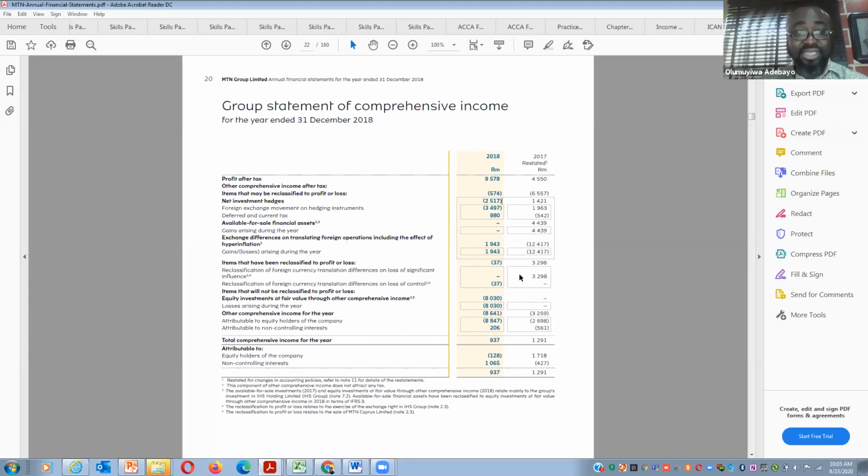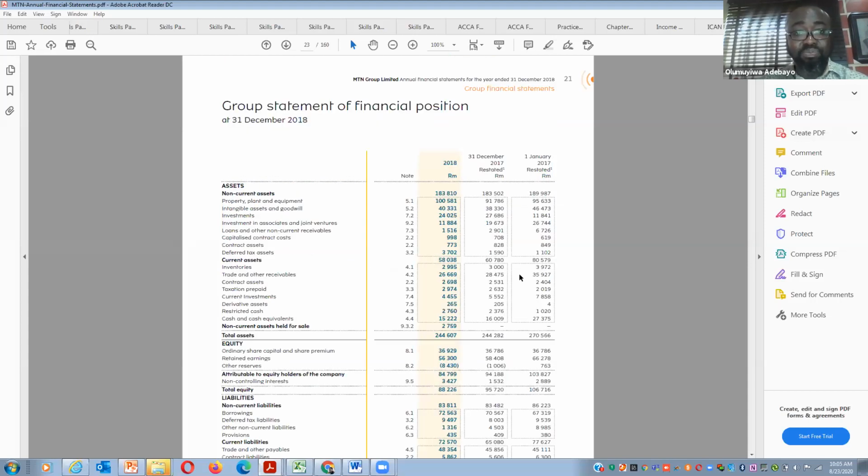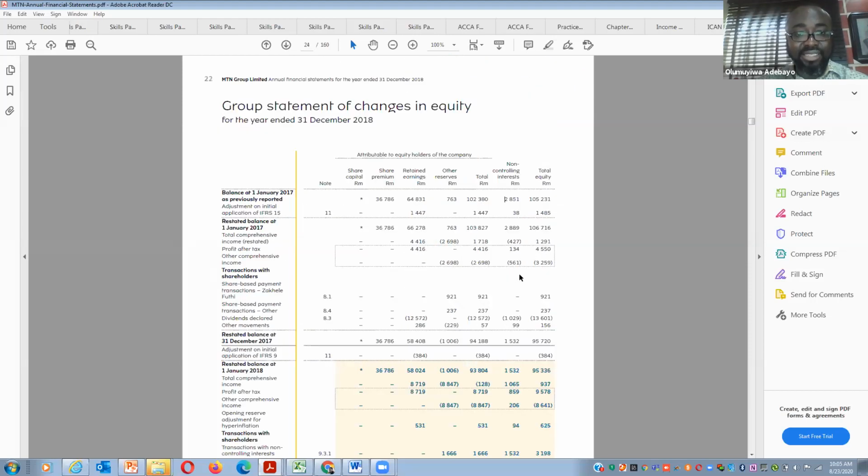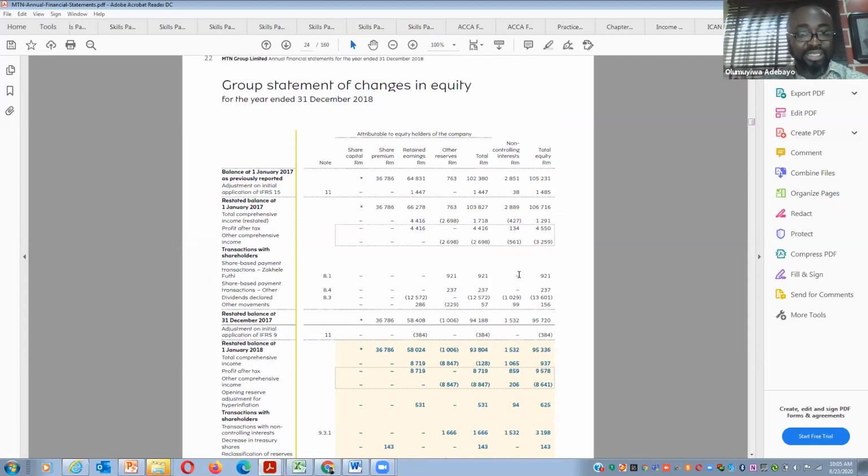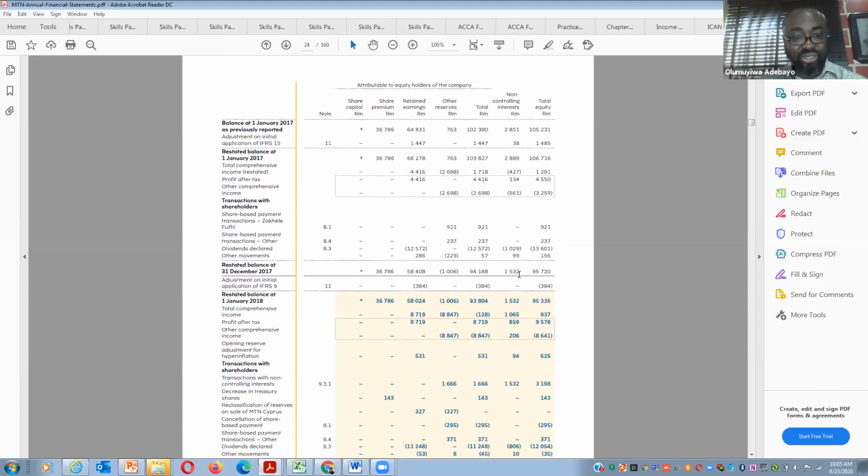And peradventure, let us check the statement of changes in equity if they have any tax impact on it also. It's always very rare, except those arising from business combination. There's none here.